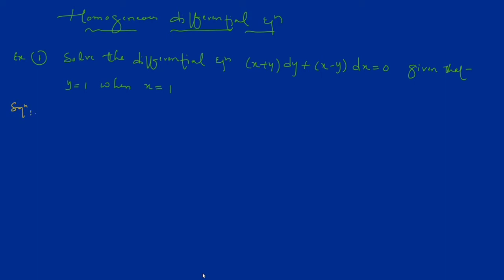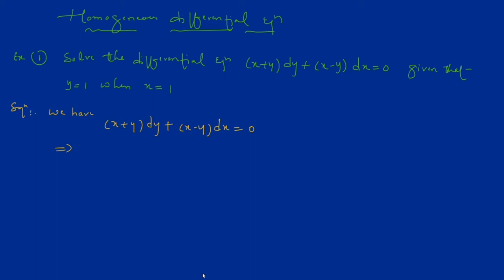First we write down the given: (x plus y) dy plus (x minus y) dx equals 0, which implies we can write it in the standard form.